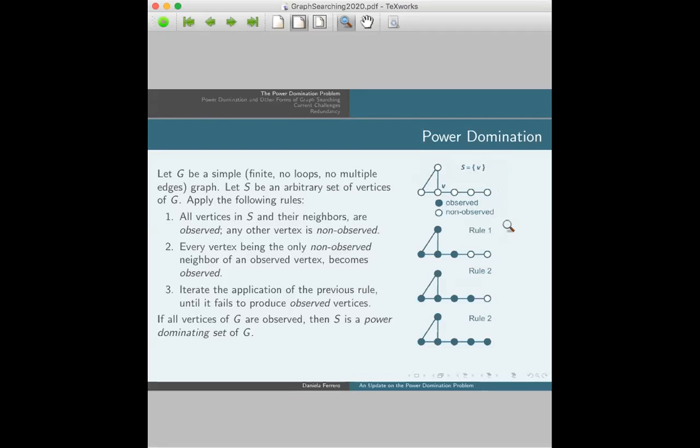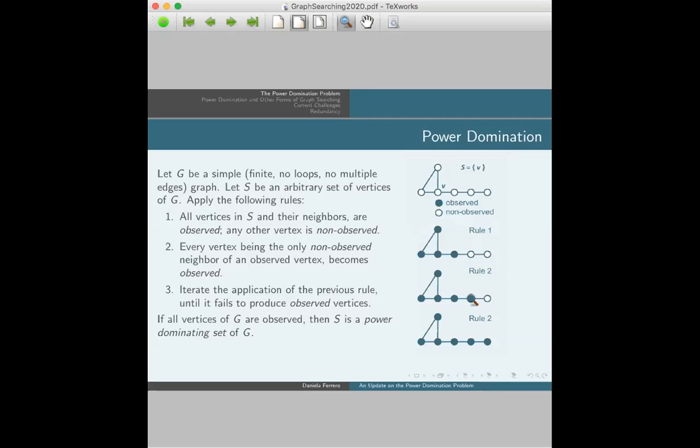And so initially, when I apply rule number 1, it says that every vertex in S and their neighbors are observed. So after rule number 1, all of these vertices are observed. Now rule number 2 says every vertex who is the only non-observed neighbor of an observed vertex becomes observed. Well, basically we have only 2 non-observed vertices. This one doesn't have any observed neighbor, but this one has 2 neighbors, and this is the only unobserved neighbor of this vertex.